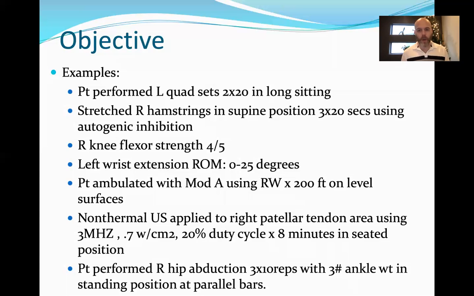So they needed help weight shifting or holding themselves up or moving their legs. But then you've got to give a distance. And on level surfaces, that just means they can walk 200 feet with a little bit of assistance with a walker. But if you put them out on a sidewalk, they wouldn't be able to do it because sidewalks are not level. There's an ultrasound example. There's another exercise example.